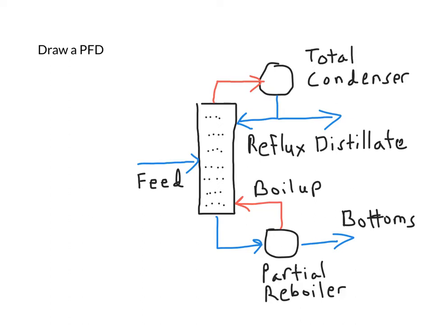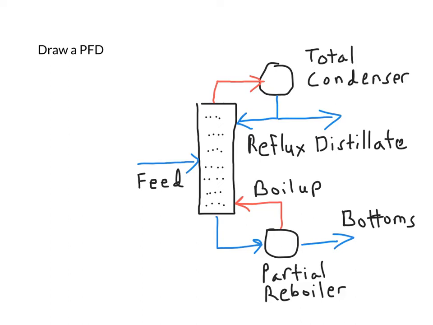Now, typically, the feed is specified, not only the flow rate and composition, but its thermodynamic state. For instance, it might be specified the feed is a saturated liquid. The column's number of stages or trays is specified, and where the feed is placed, which tray is fed to. In addition to this information, 2 other pieces of information will be needed to analyze the column.